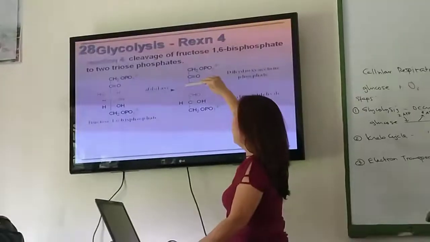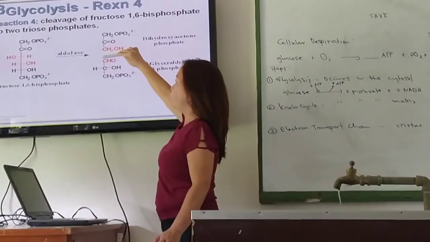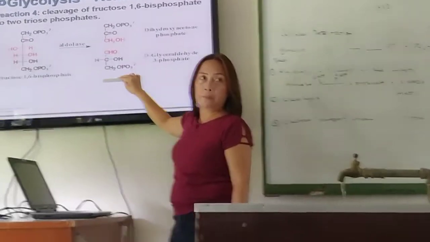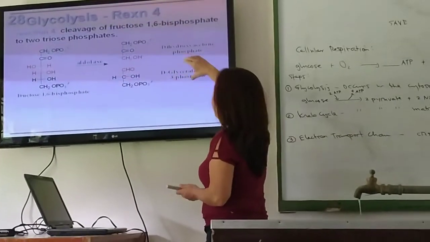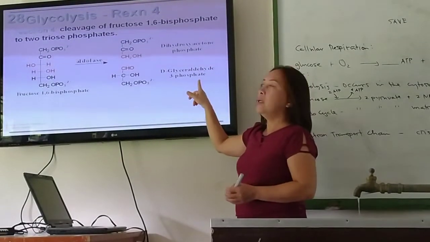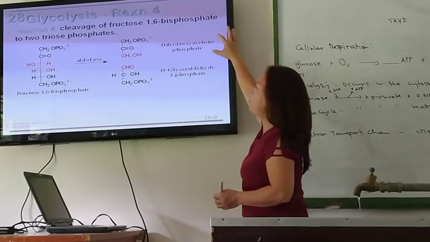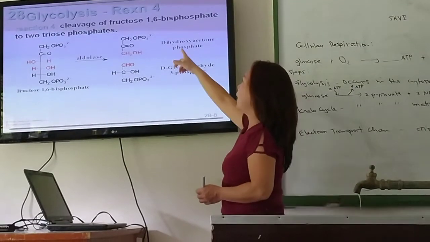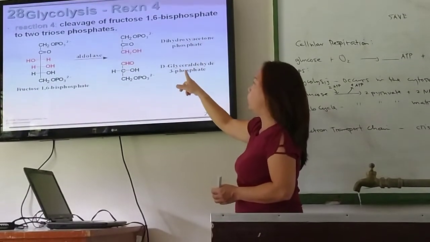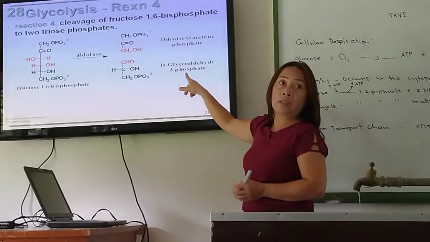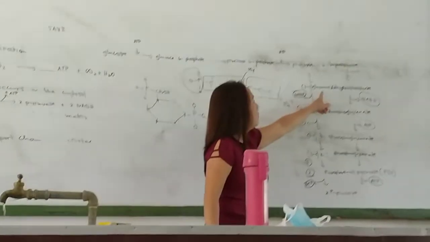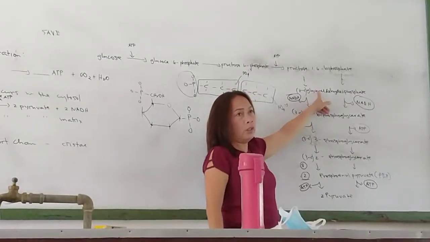Now this time it is split into 2 molecules of 3-carbon compound. Are you with me? So one here we have the glyceraldehyde 3-phosphate. The other is dihydroxyacetone phosphate. However, this dihydroxyacetone phosphate can be converted into glyceraldehyde 3-phosphate. So there will be 2 molecules of this glyceraldehyde phosphate, a 3-carbon compound.